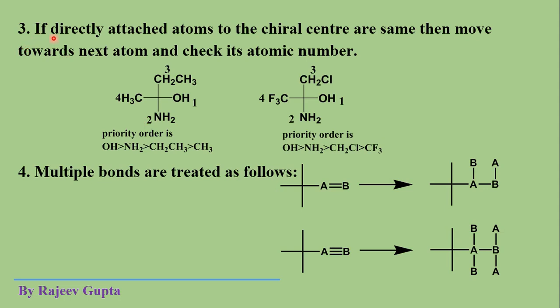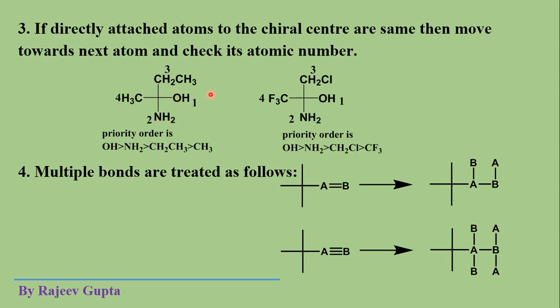Now the third rule is: if the directly attached atoms to the chiral center are the same, then move towards the next atom and check its atomic number. In this example, the directly attached atoms of the groups are carbon, carbon, oxygen, nitrogen.